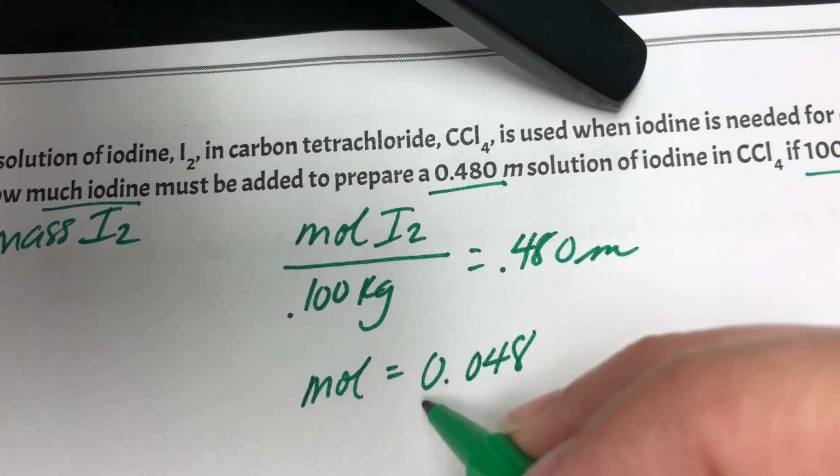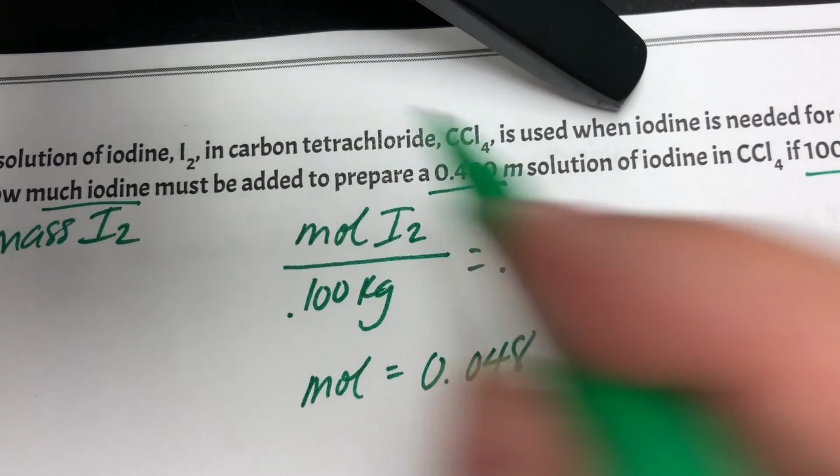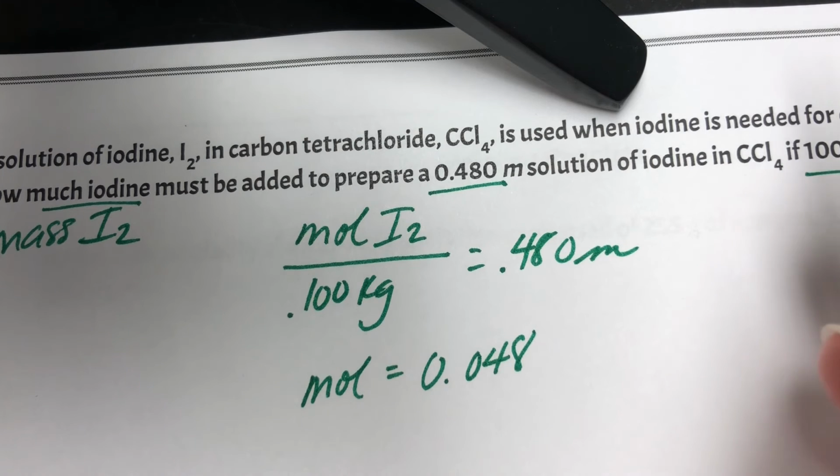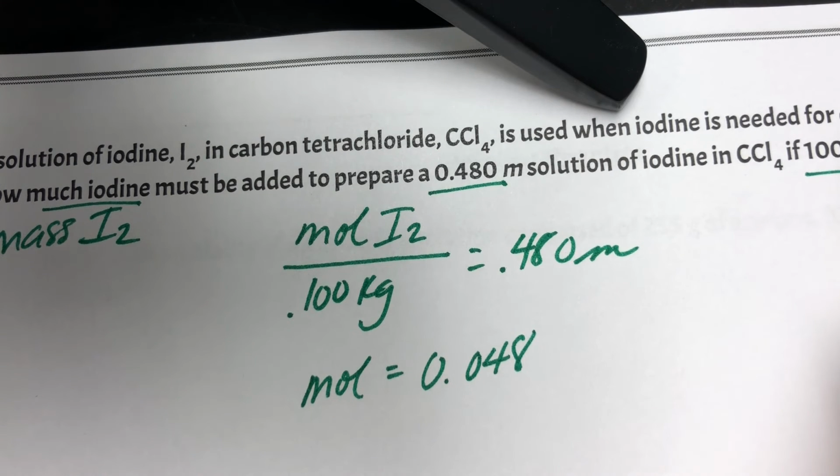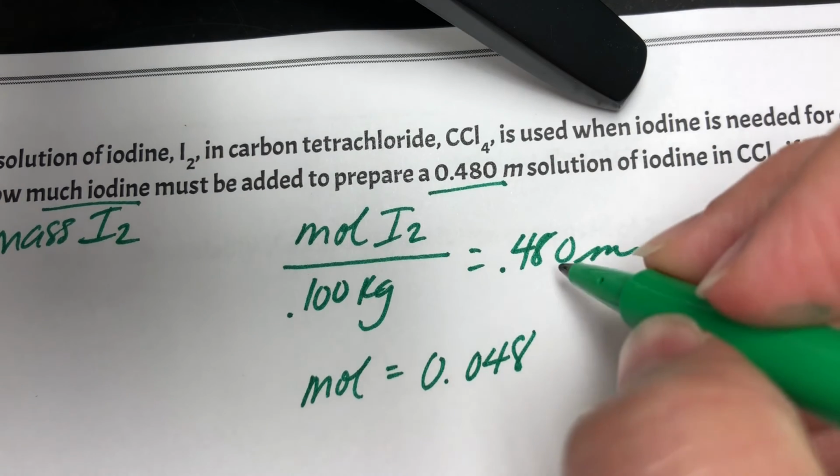Okay, so to find the mass, I need to know the molar mass of iodine. Iodine has a mass of 127, but I have 2 of them, so I have a mass of 254.